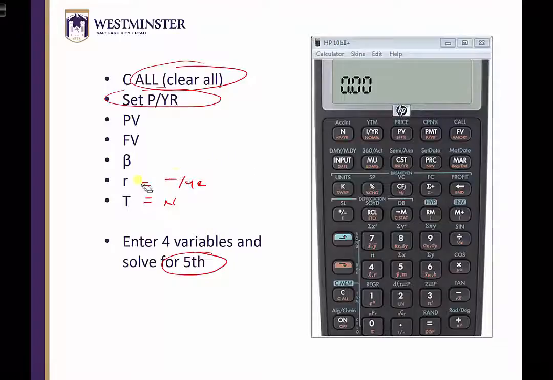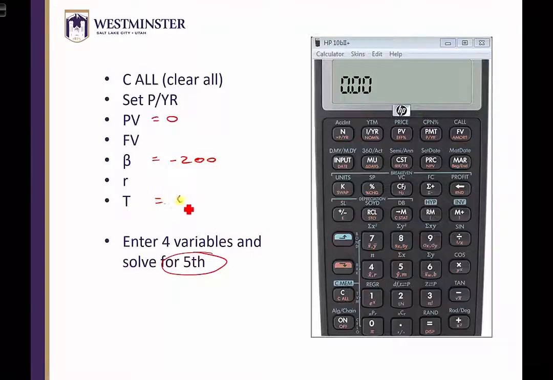My payment is going to equal negative 200. My N or T is going to equal 6. My R or I/YR is going to equal 0.04. And I'm going to solve for future value.